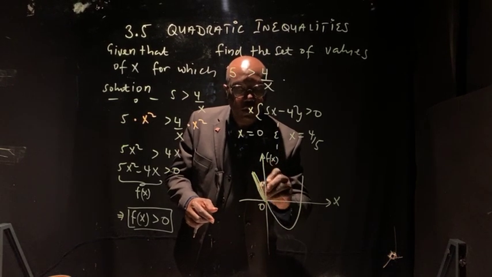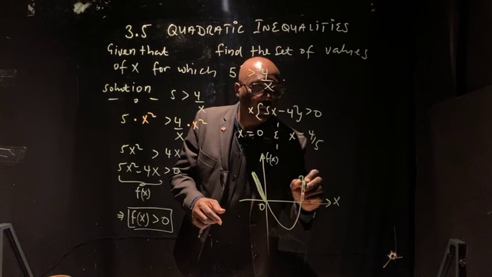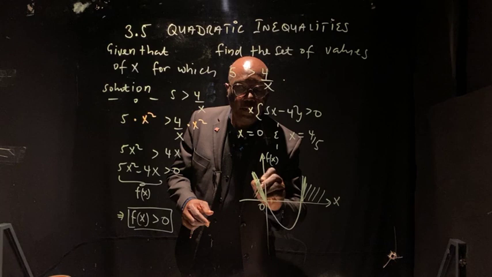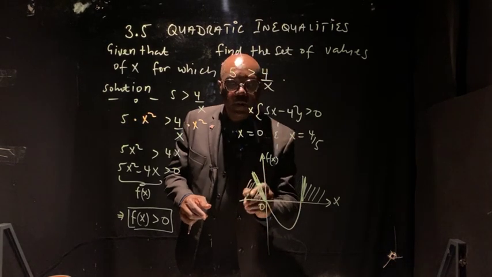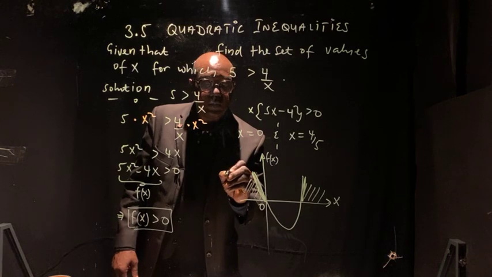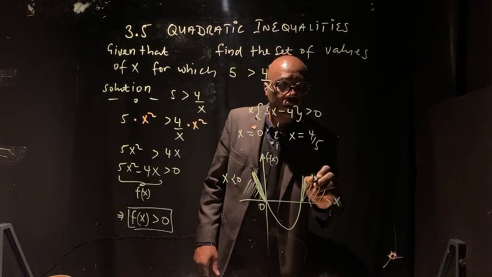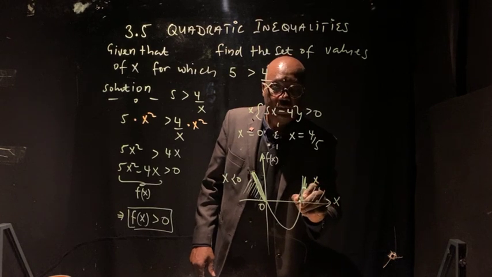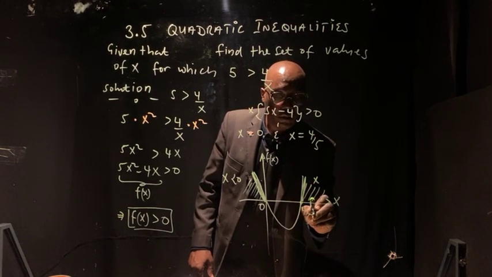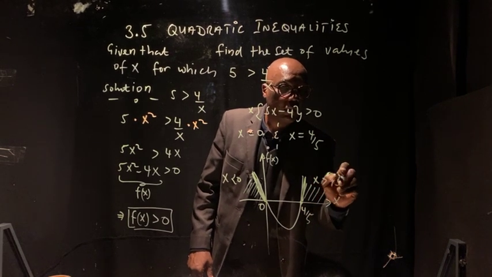This portion, this portion. So on this side, we can see that the x values are less than 0. And on this side, we can see that x values are greater than 4/5.